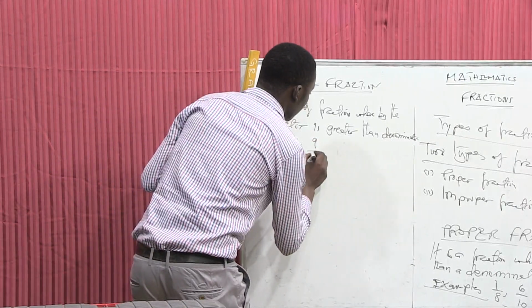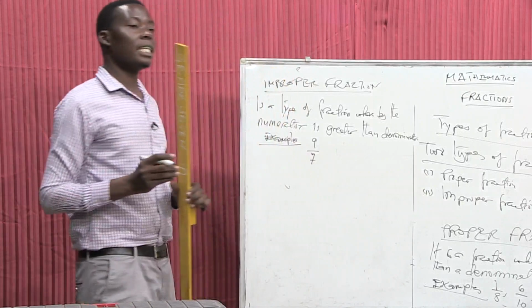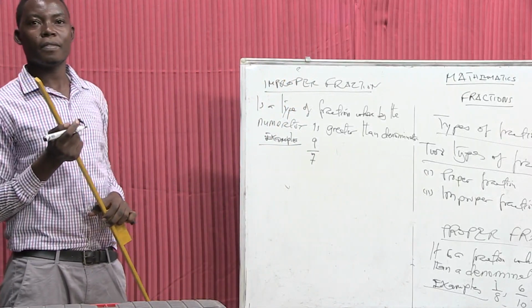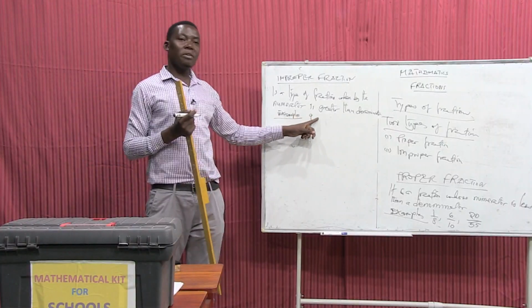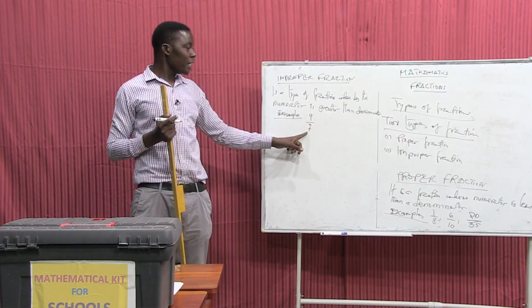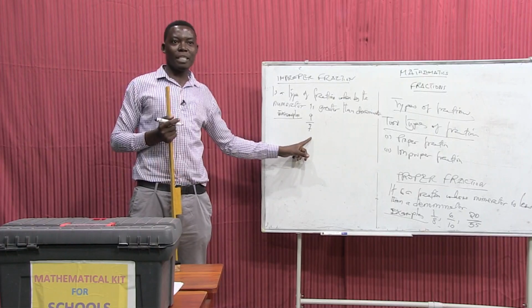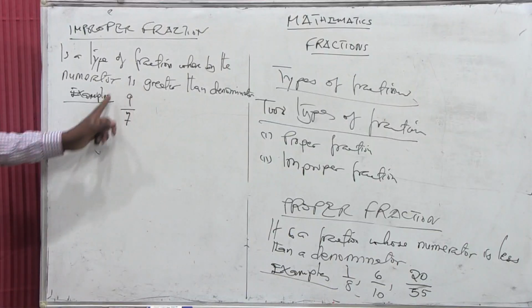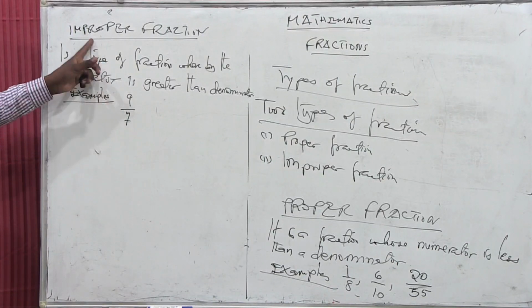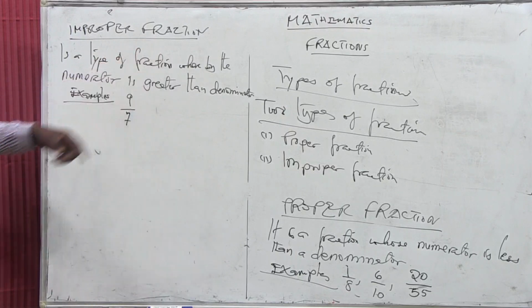9/7. 9 is the numerator. 7 is the denominator. 9 is greater than 7. So this kind of fraction is called an improper fraction. Why?